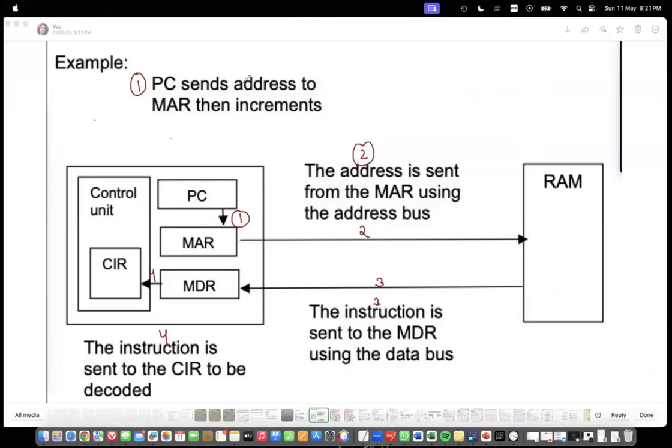So this is the example of the fetch stage of the cycle.